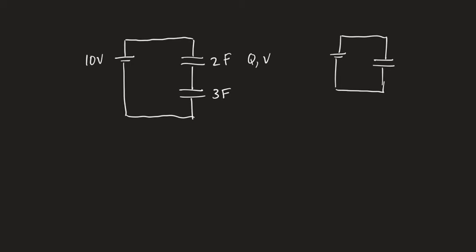For capacitors in series, we've been able to show that my equivalent capacitance is equal to the sum of the inverses. We got common denominators, added the two fractions together, found that they equal 5/6, but then recognized that the equivalent capacitance was 6/5, which meant the capacitance was 1.2 farads.